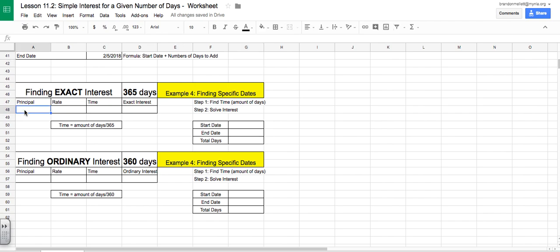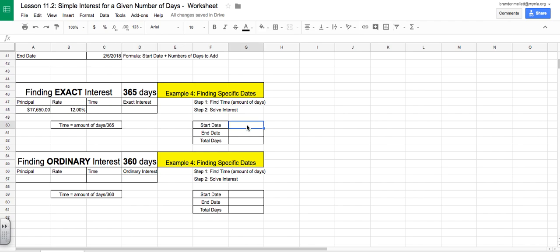The principal for this loan was $17,650. We're given an interest rate of 12%, the time, which we'll find in a minute, and we're looking for exact interest. Exact interest uses 365 days throughout the year. Ordinary interest uses 360 days.